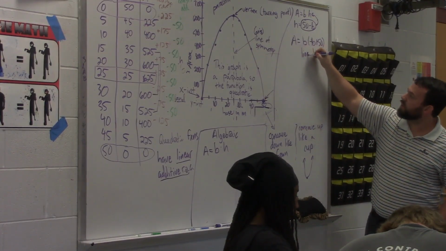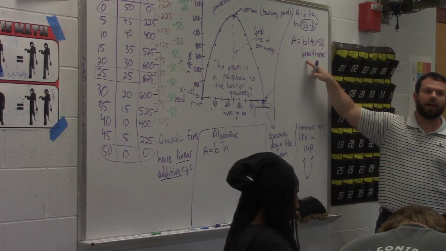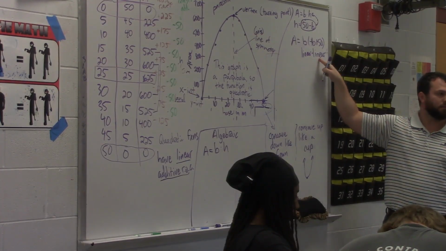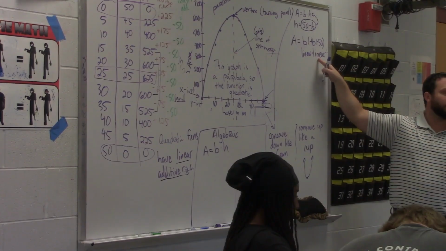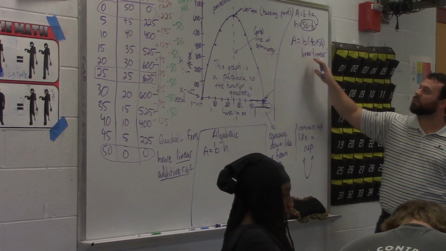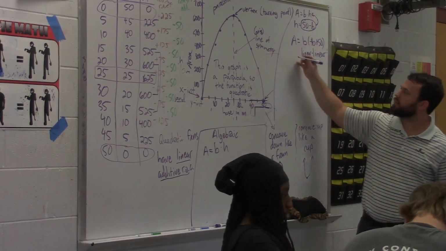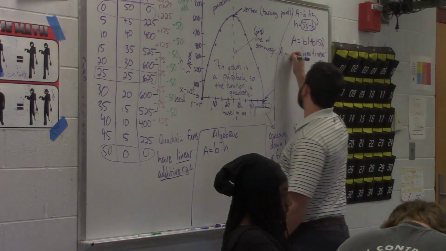So, first detail about a quadratic: a quadratic can be a linear times a linear. Let me say that one more time.